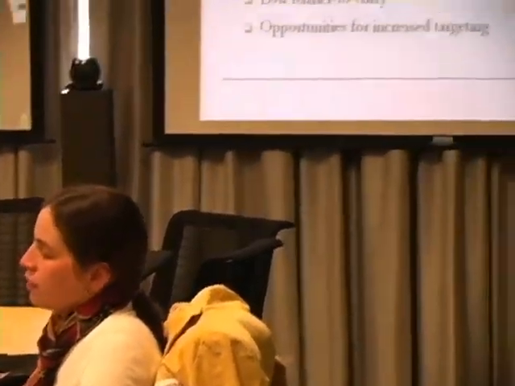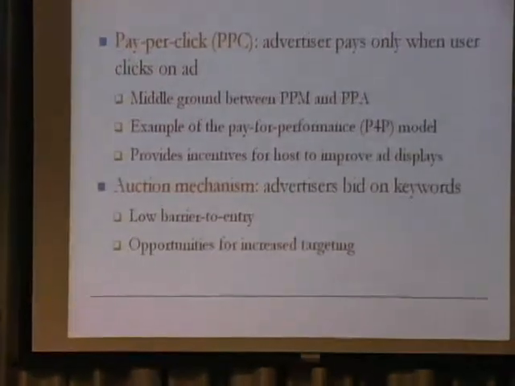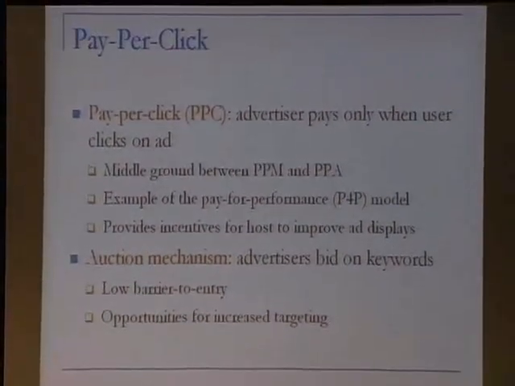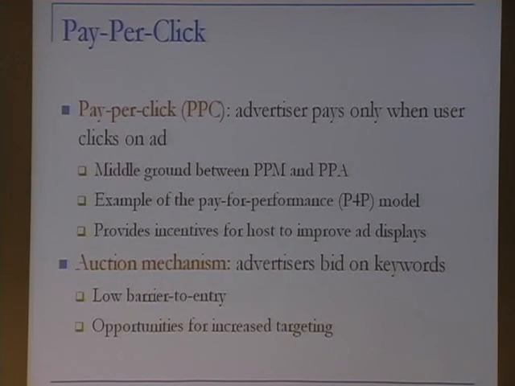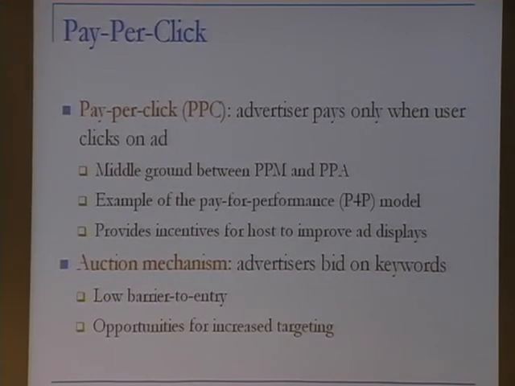So the other innovation in this scheme was that the advertisements were sold through an auction mechanism where advertisers are bidding on keywords. And this had two huge advantages. One is that it allowed for increased targeting opportunities because you could specify what sorts of keywords you wanted your ad to appear on.